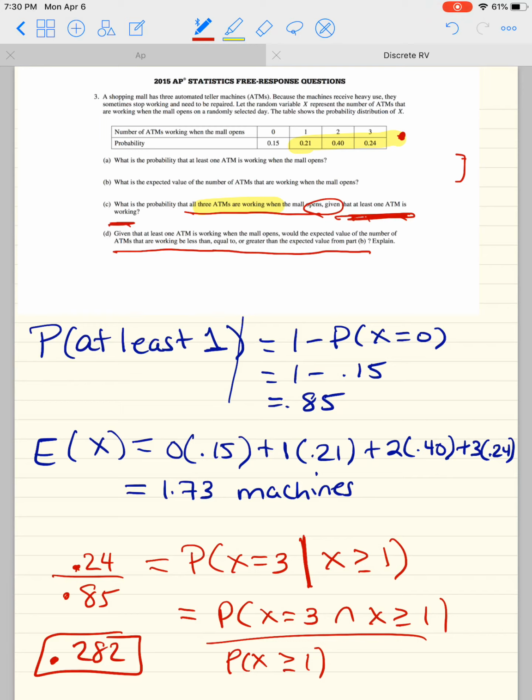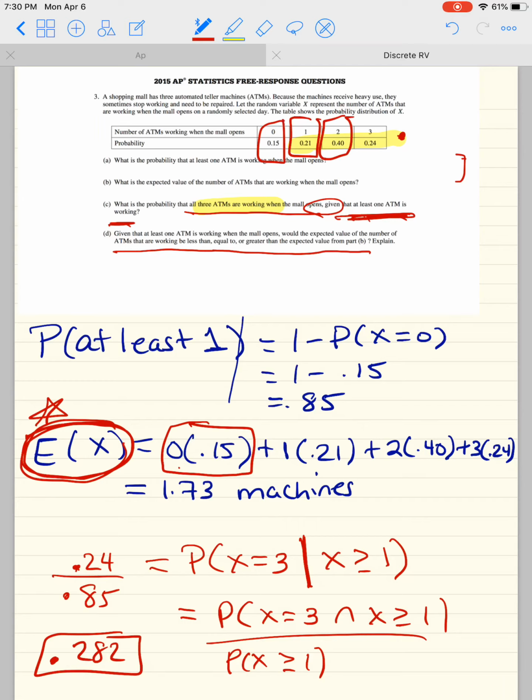Well, many people probably said that it's going to be exactly the same because this value has no effect on the answer. If we just got rid of it, it doesn't matter because 0 times 0.15 is 0, so it's not going to affect the expected value. But remember, you are not allowed to use this formula where we multiply and add unless we have these values equal to 1 whole.